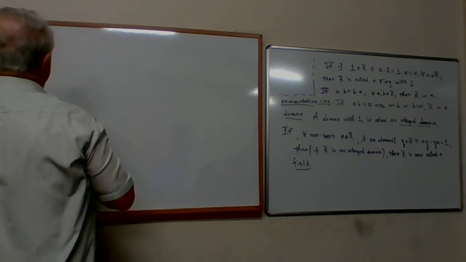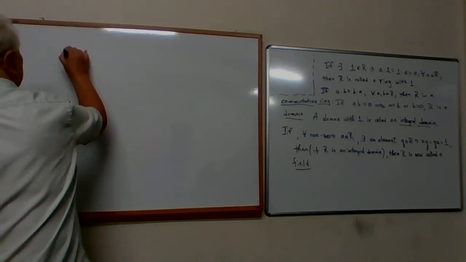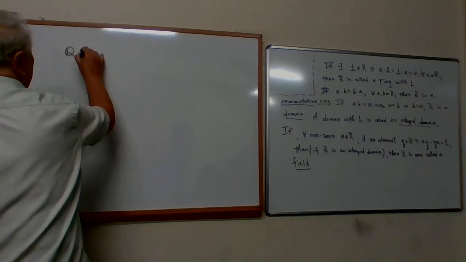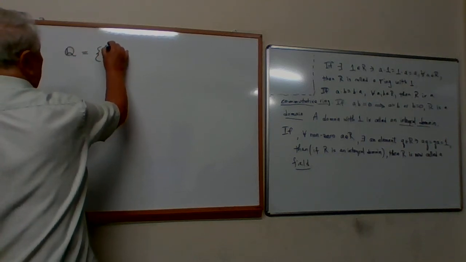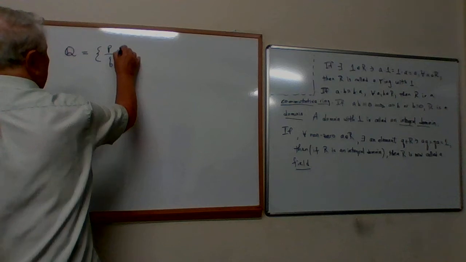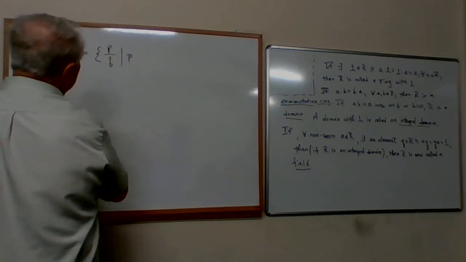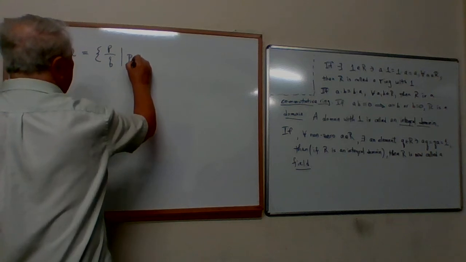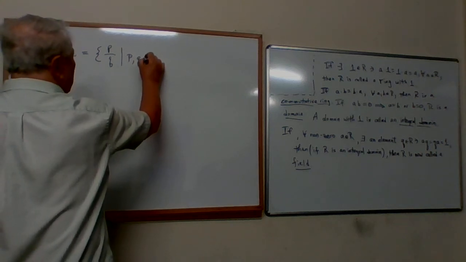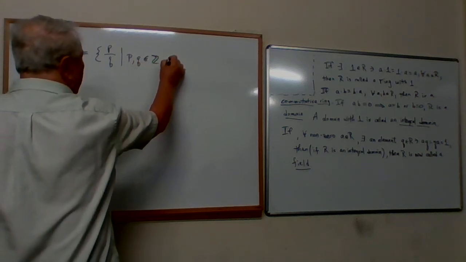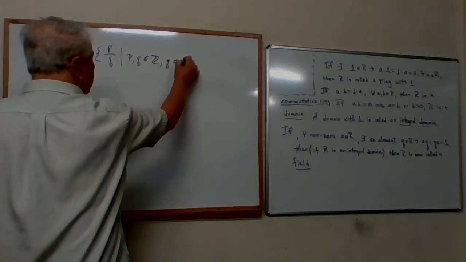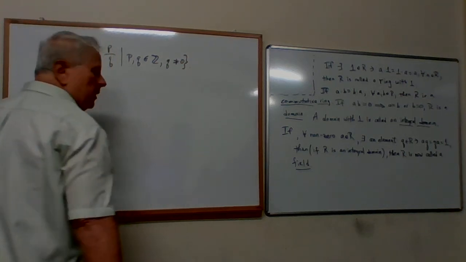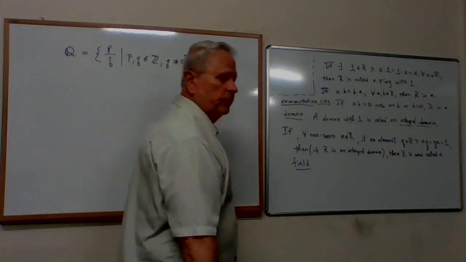Let's take a look at the rational numbers. The rational numbers are defined by the quotients of integers. So where p and q are integers and q is not zero, you can't divide by zero.